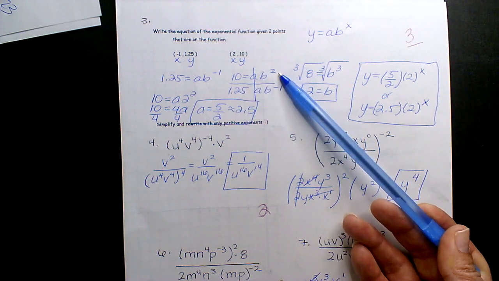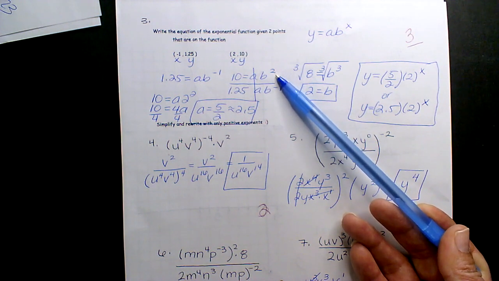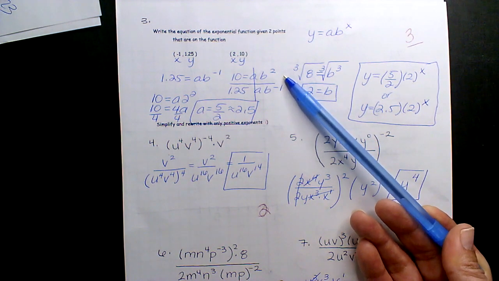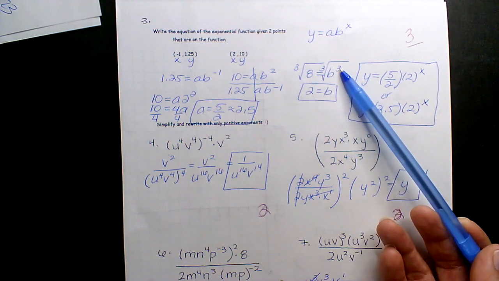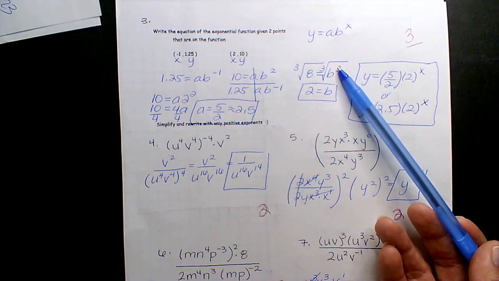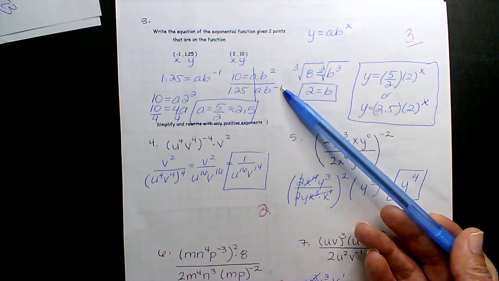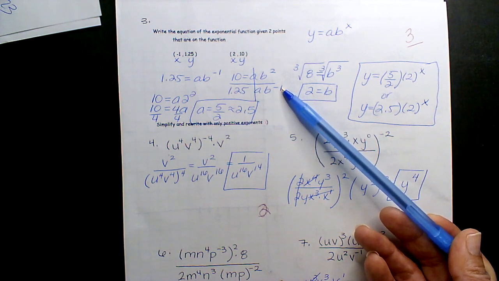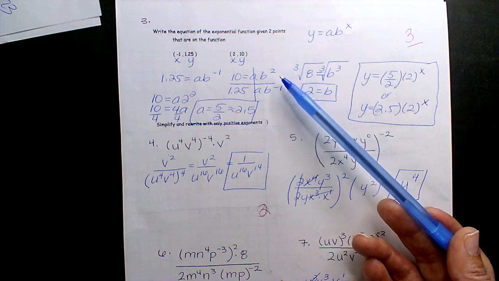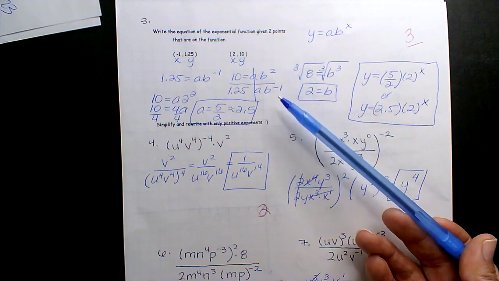Here's the thing. For those of you that don't know your exponential properties, if you look at your test and you wrote b to the 1, you went 2 minus 1 and got 1. But it's not. If you know your division properties, it's top minus bottom.